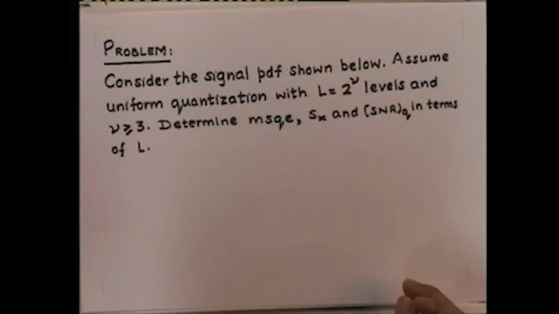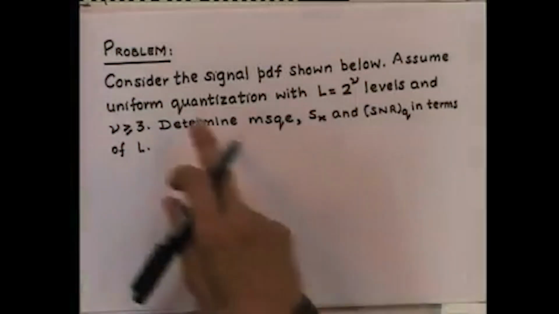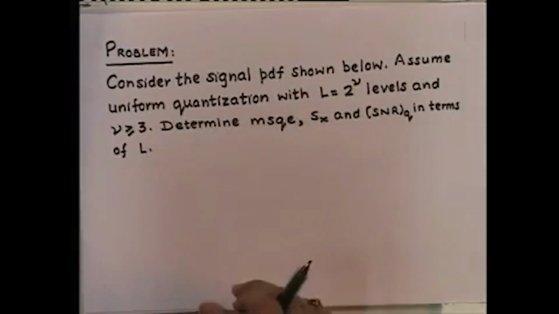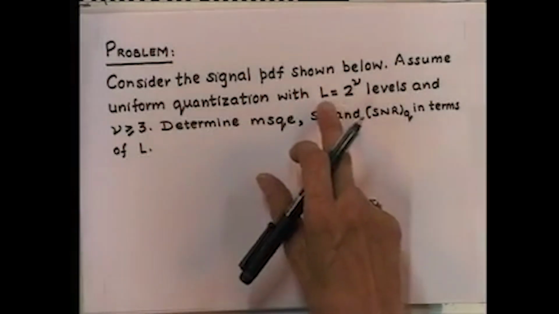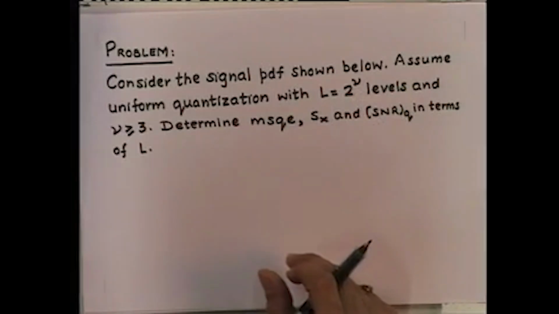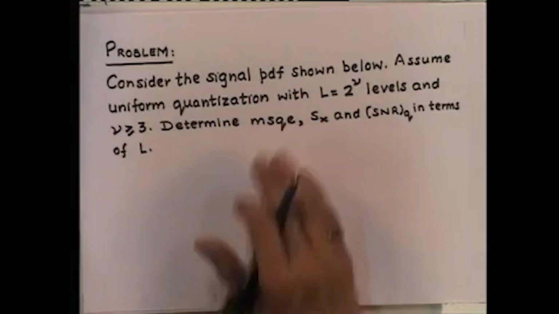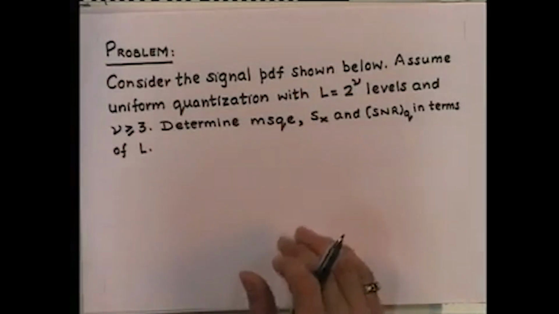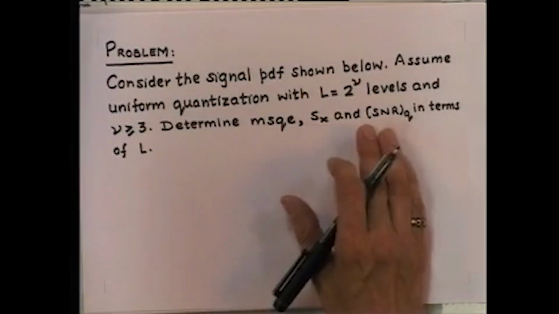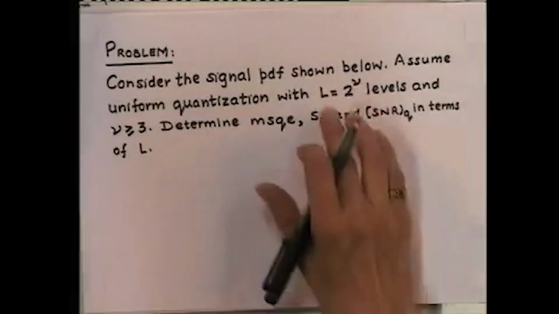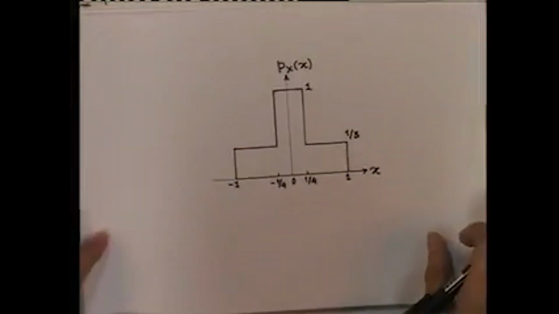So, let us take problem number 1, which says consider the signal PDF shown below, assume uniform quantization with the number of levels L equal to 2 raised to nu, where nu is greater than or equal to 3, and the problem is to determine the mean squared quantization error, the variance of the signal and signal to quantization noise ratio in terms of the quantization levels L, and the signal PDF is as shown here.